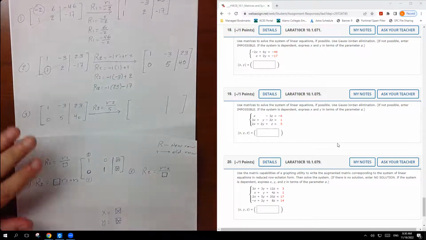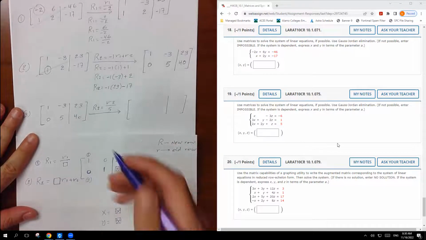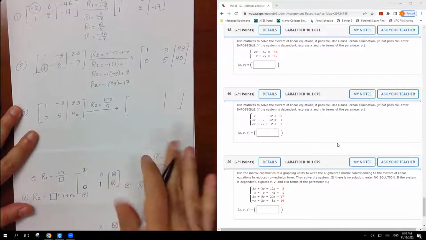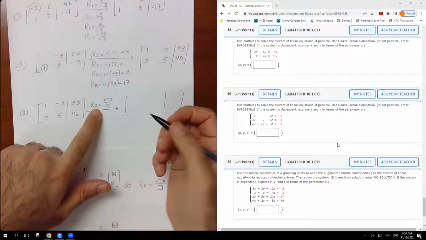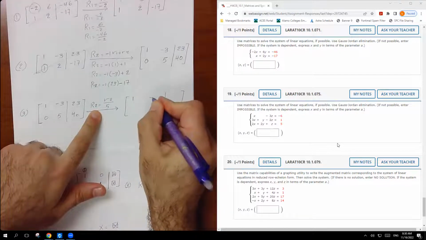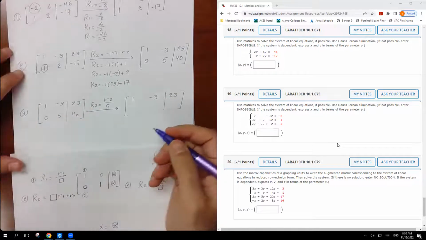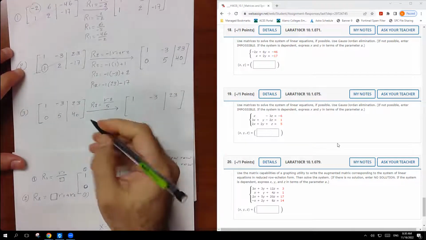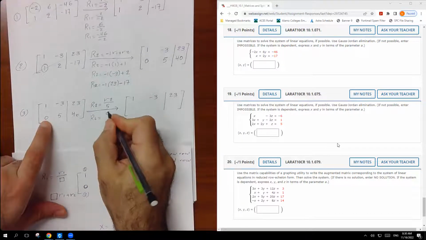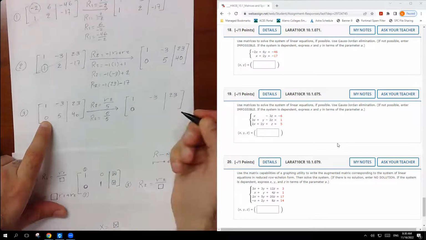So let's keep going. We're going to get a new R2. That means the first row is going to be the same, which is 1, -3, 23. And we're going to get a new R2. So the first element is going to be 0 divided by 5. 0 divided by 5 is going to be 0.